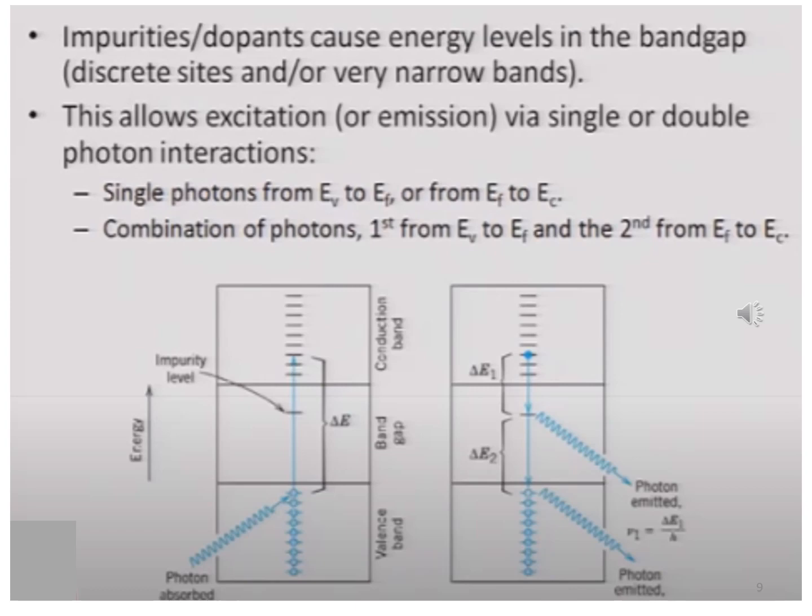By adding an impurity whose energy level lies between the conduction band and the valence band, we can decrease this gap, so we can access this energy level.